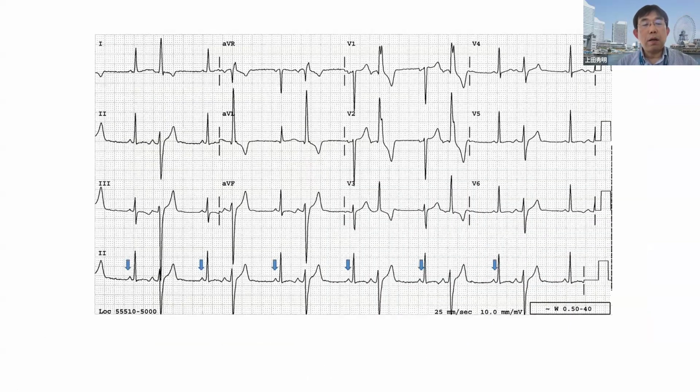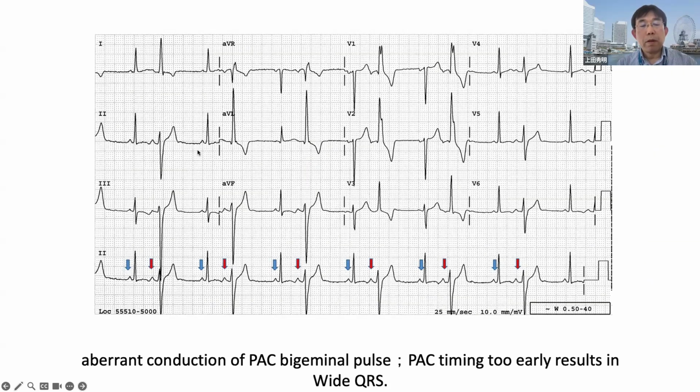So this is the P wave here, normal P wave here, normal P wave here, and then there should be maybe abnormal findings here. So this is the aberrant conduction of PAC bigeminal pulse.